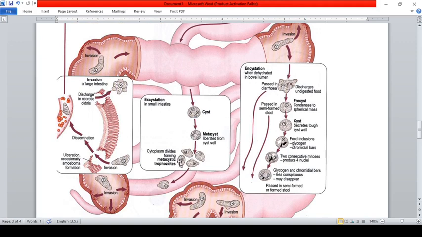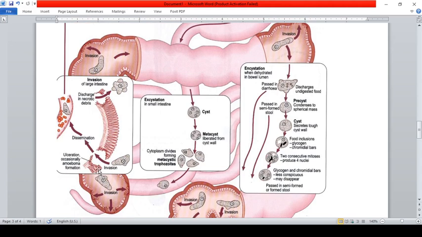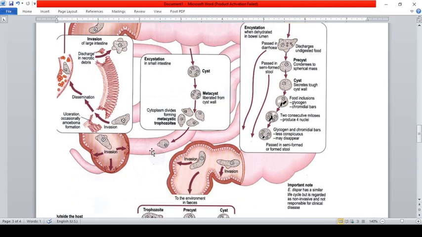That trophozoite can cause invasion of other sites of the body, different organs, and it can cause invasion of the intestinal lumen of the large intestine, which may lead to bleeding. That bleeding can be seen in the stool of the patient as bloody stool, but not in all cases.